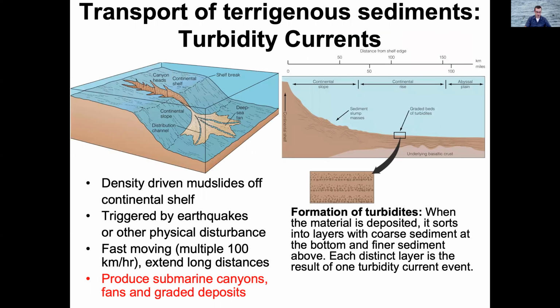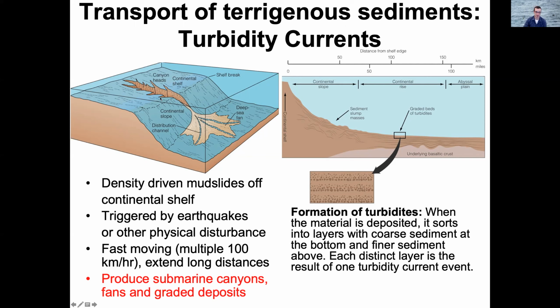So turbidity currents. This is an interesting and important way that sediments can get transported from the continental shelf down into the deeper ocean. So rivers and nearshore processes can take sediments onto continental shelves, and these can be very unstable piles of sediment.